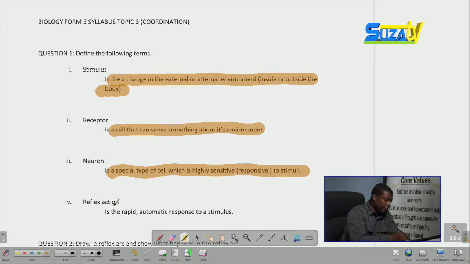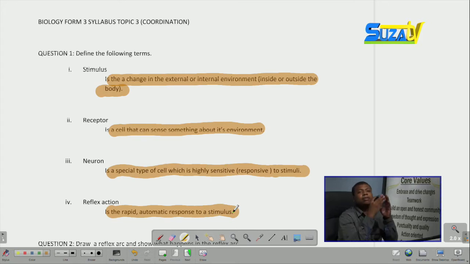And we have a reflex action. A reflex action is nothing but the rapid automatic response to a stimulus. There are some types of reactions which are rapid and automatic. That is, they do not require any sort of teaching. These reactions come naturally and they depend on the action.